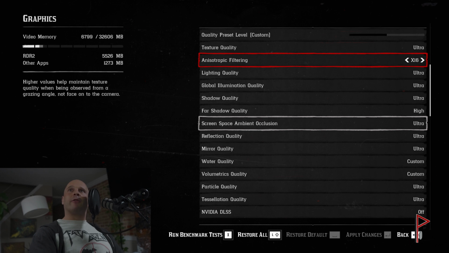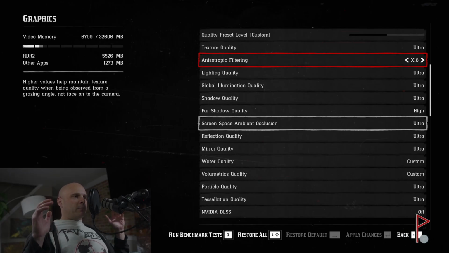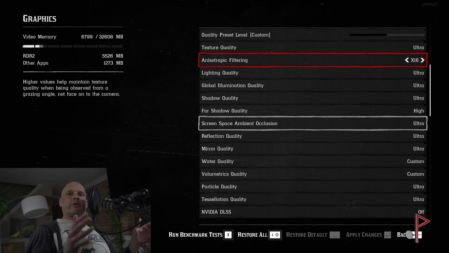Anisotropic filtering. Let's talk about this for just a second. Anisotropic filtering tells the pixel to sample the texture it's a part of more than once. So a pixel is a part of a given texture. Now, if I'm looking at something head on, if my character's looking at something head on, it doesn't need to be sampled more than once.